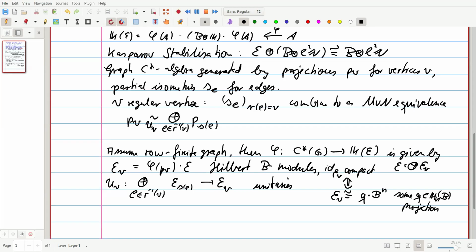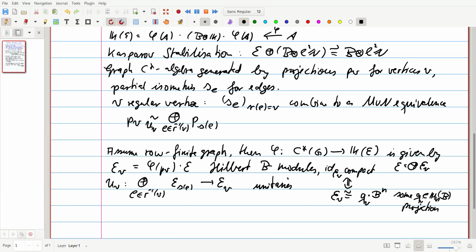Okay, and so now we therefore have a nice description of these star homomorphisms from C*(G) into the compacts on some Hilbert module, and we see that these correspondences from a given graph C-star algebra C*(G) to a given C-star algebra B are determined by these projections. Maybe I write Q_V for these projections. So I get some Q_V, projections in some matrix algebra, and I get these unitaries.